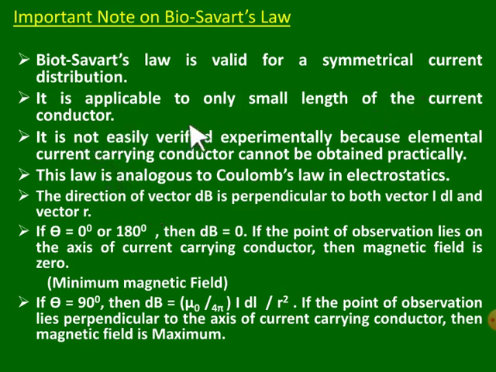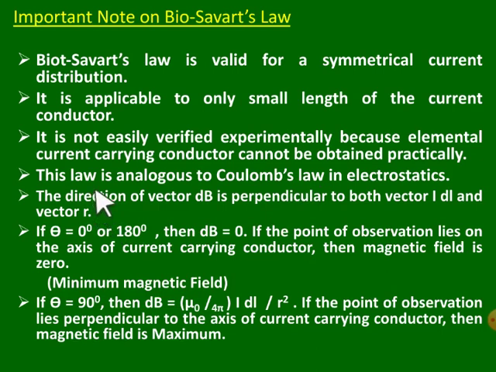Next, it is applicable to only a small length of the current carrying conductor. That means it is valid only for an elemental current carrying conductor, not for a very long one, but it can be expanded to a fair approximation for longer lengths also. It is not easily verified experimentally because an elemental current carrying conductor cannot be obtained practically.